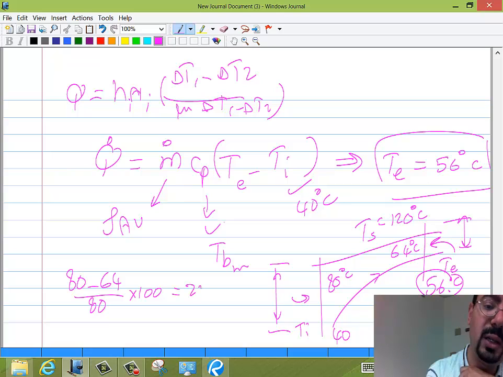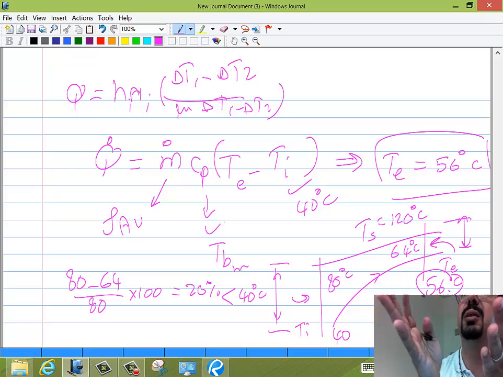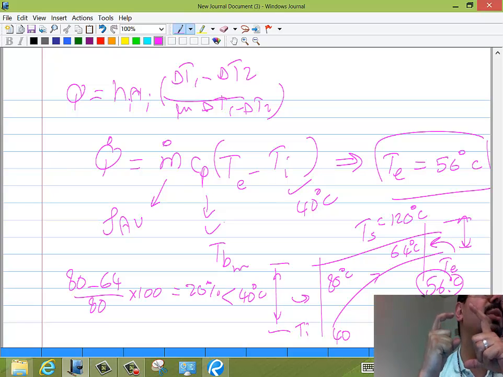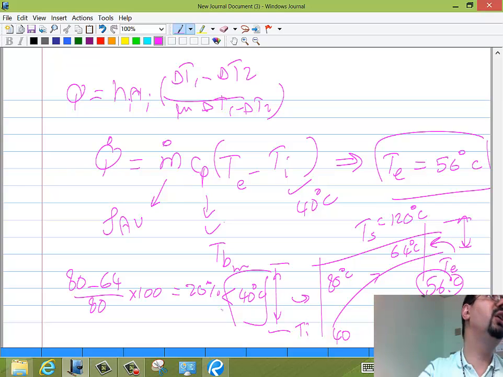So it is 20% difference. 20% difference is less than 40%. So the mathematical average is not going to make a lot of error. If that difference is bigger than 40%, you have to use the logarithmic mean. So 40% is the criterion for forcing you to use this. All right? Does this make sense? So we are okay using the mathematical mean. It wasn't bad.